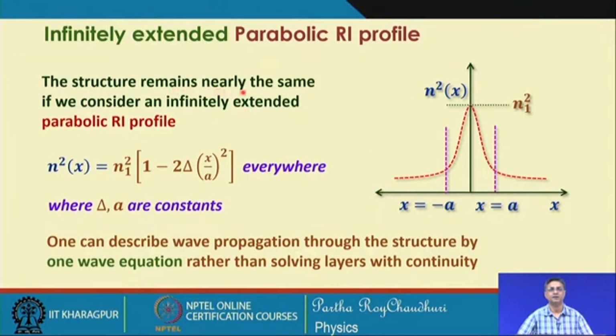Right, the structure remains nearly the same if I apply this one equation, that is I represent this effective index profile by one equation, that is this n square equal to n 1 square (1 minus 2 delta (x by a) square), everywhere. In that case, this refractive index is no longer n 2 square, but it still falls, but this variation is so small that it does not become abruptly different.